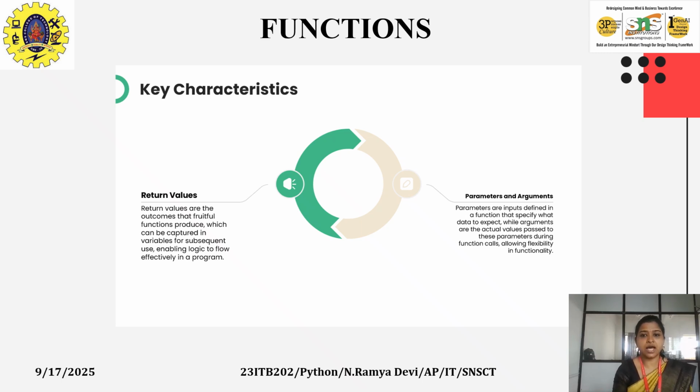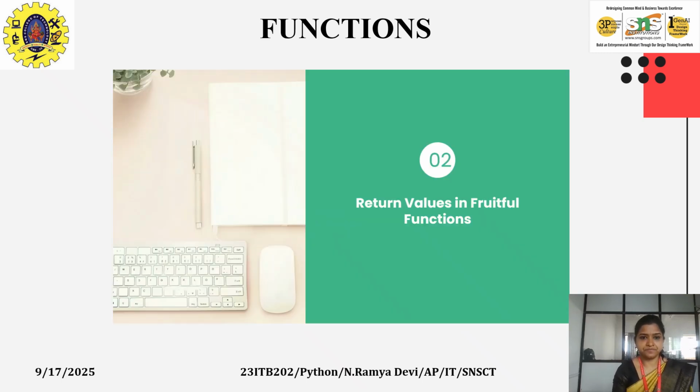Parameters are inputs defined in a function that specify what data to expect, while arguments are the actual values passed to these parameters during function calls, which allows flexibility in functionality, so that the parameters and arguments can be changed for other operations too.